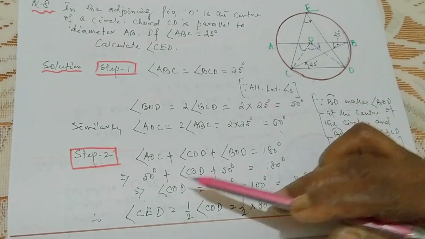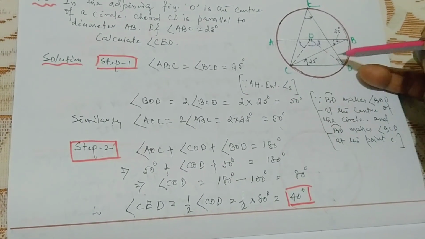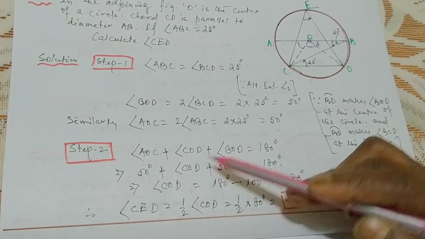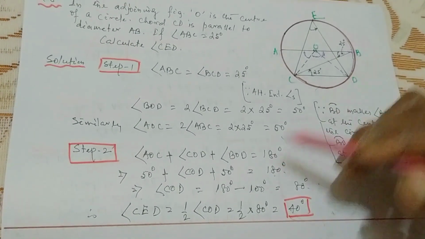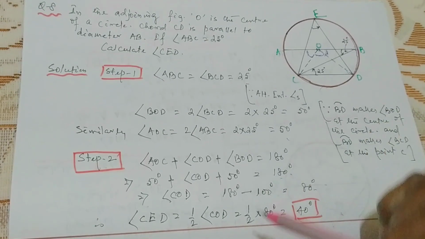So angle AOC is 50 degree, angle COD the same, and angle BOD is equal to 50 degree. That is equal to 180. So therefore angle COD is equal to 180 minus 100 is equal to 80 degree. So the value of this angle COD is equal to 80 degree.